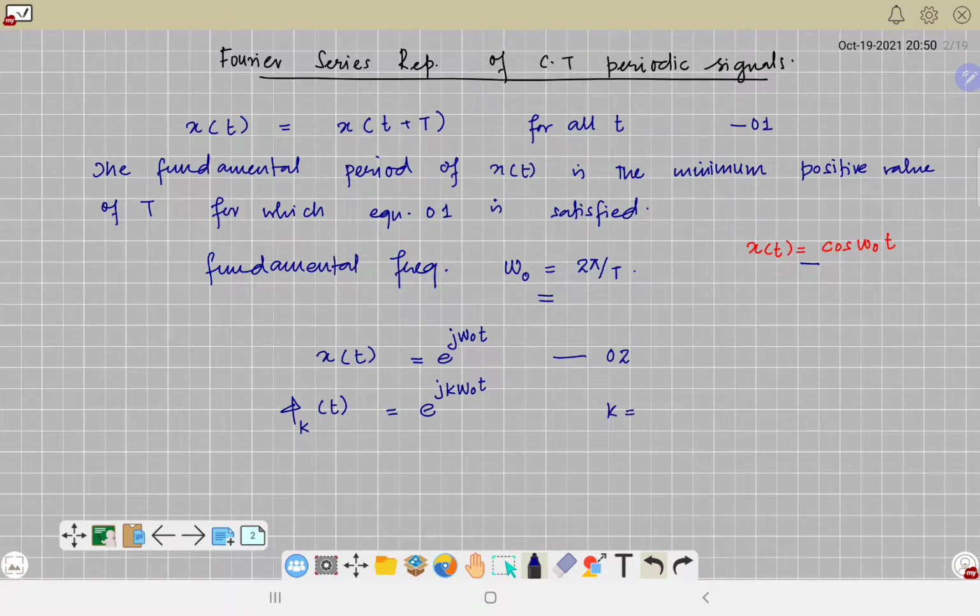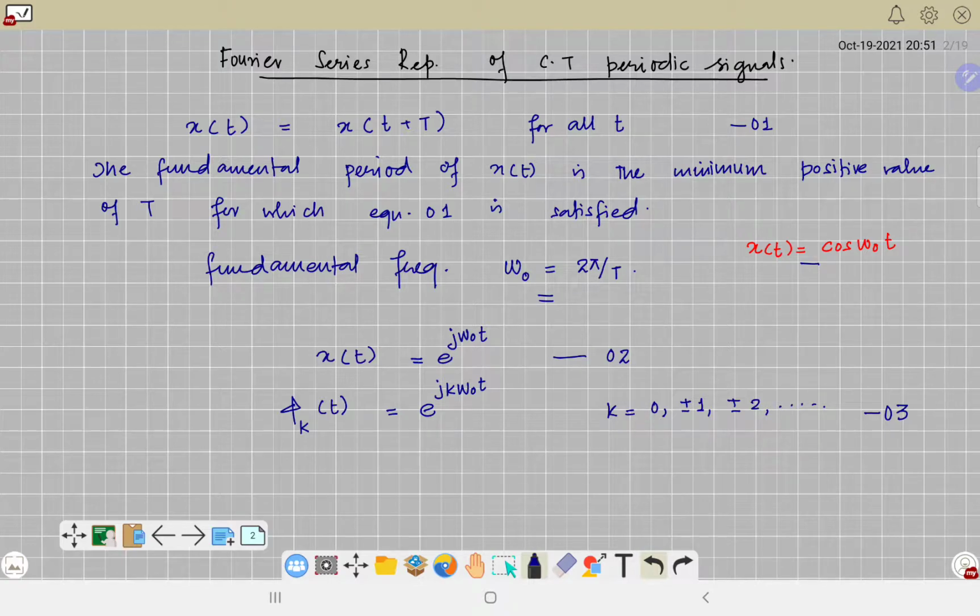Where k is equal to 0, plus minus 1, plus minus 2, and so on. So it will take positive and negative integer values. Let's call it 3. I am defining a signal phi subscript k of t. It's also an exponential signal, just that I have added a parameter k which can take these values.